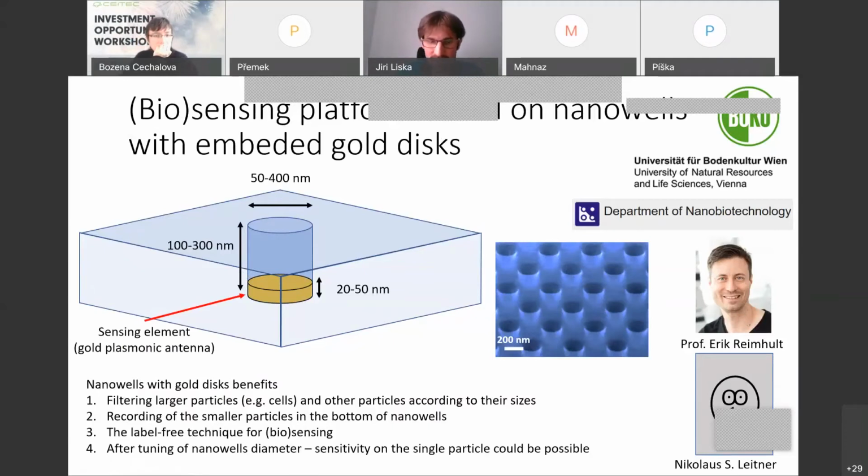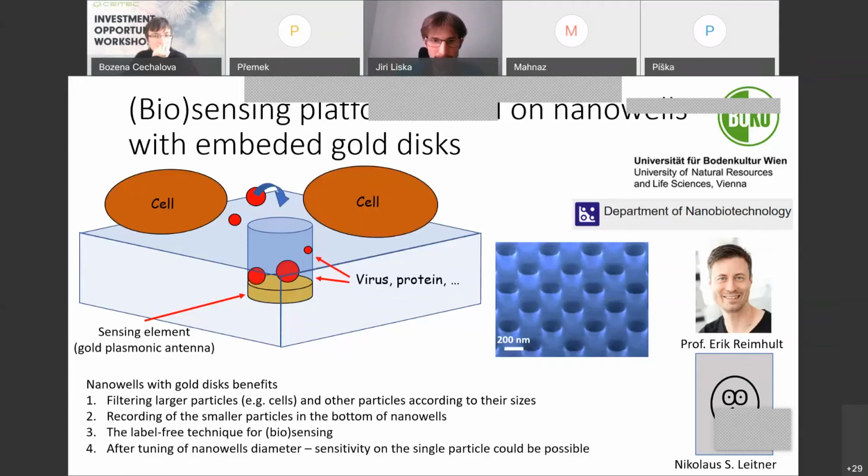About filtering using different sizes of particles, I talked before. We can also record particles which go down into the nanowells. This is a label-free technique, which is very nice for sensing applications. And after tuning of nanowell sizes, we can get sensitivity to a single particle, which is also very nice.